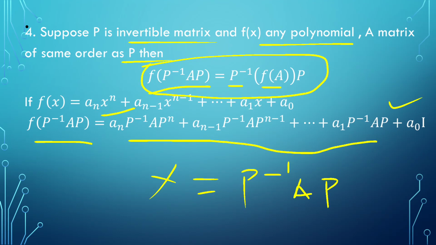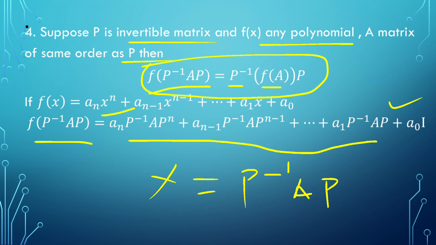Remember, we want to show this. We want to show that. We have introduced a polynomial f(x), defined as that. Then we take our left hand side and see what we want to show.